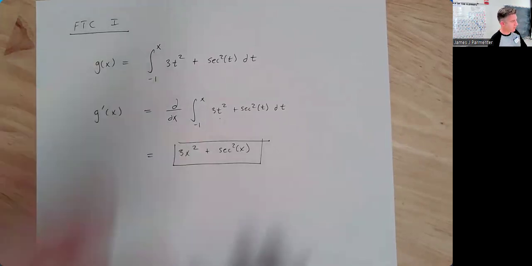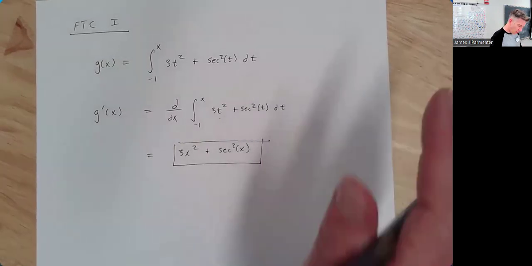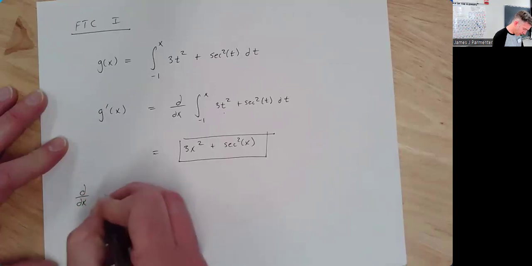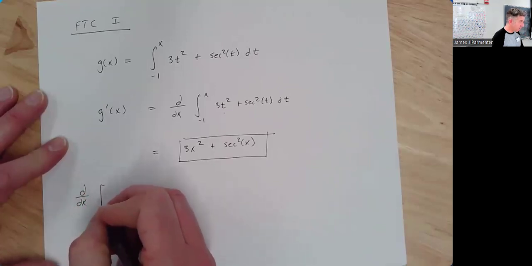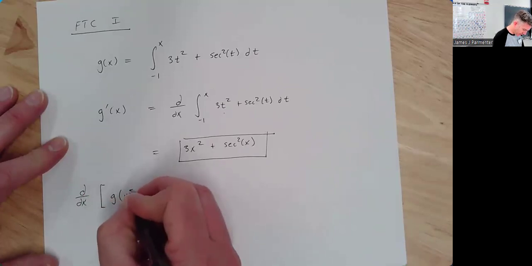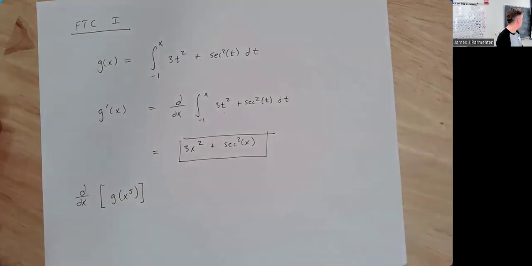So let me point something out here. Ignore the fact for a second that g of x is equal to this integral. What if I asked you to find the derivative of the composition g of x to the fifth, just using the chain rule and being fine with leaving things as g prime?